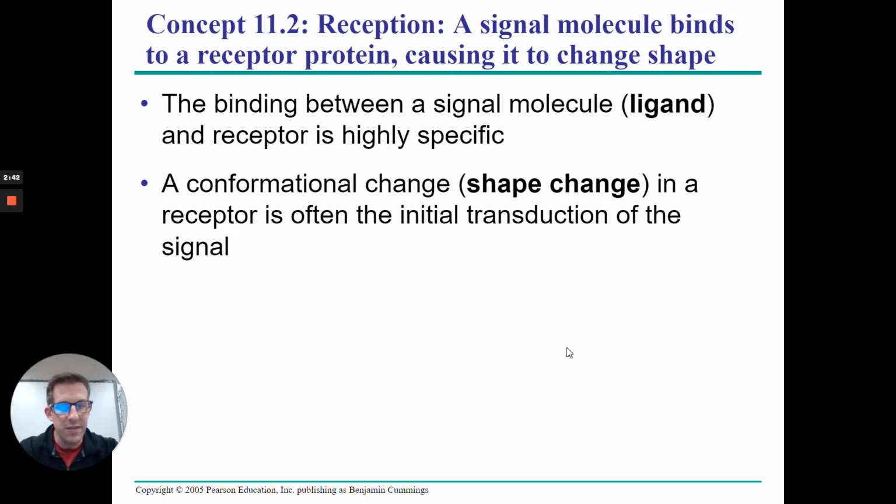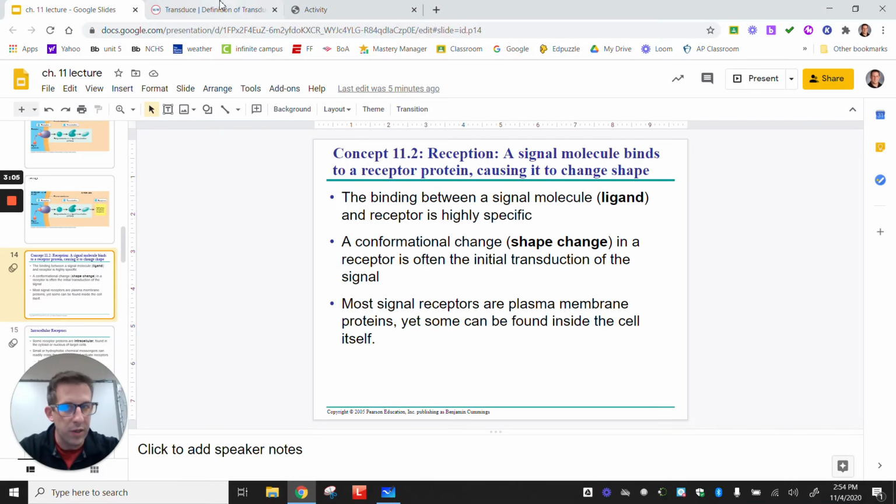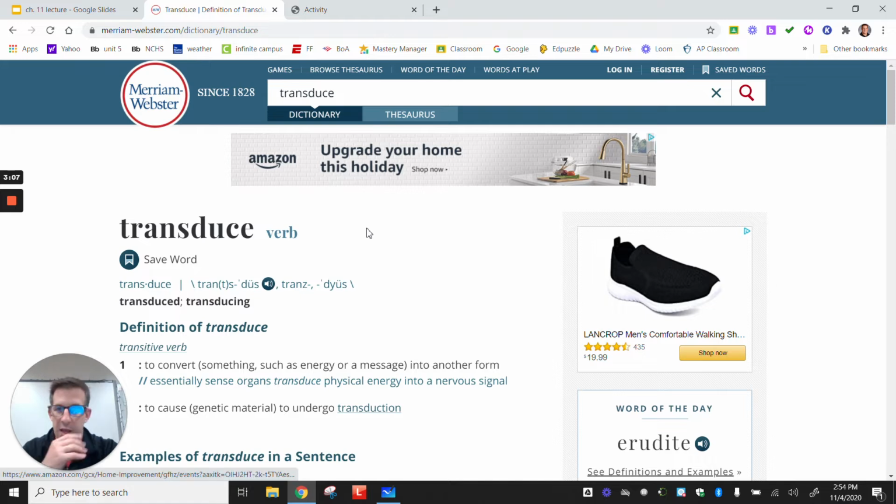Okay, I'm going to back out of this presentation real quick here, because this term transduction, I've mentioned it a couple of times just in passing, and I think it bears going over a definition of what is transduction, or what does it mean to transduce something, because we're going to use this term a lot. So I went to the internet where you go to find these things, and I went to find the definition of to transduce, or transduction is a form of this word.